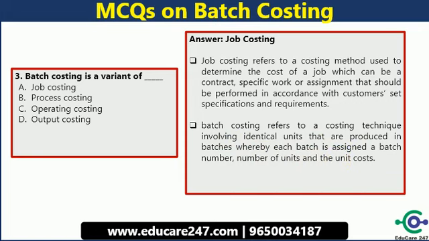These relate to an individual product, and to accomplish the product there is a specific job to fulfill, which is why a lot of costs are involved. So in this sense we can say job costing is a part of batch costing. So correct is job costing.